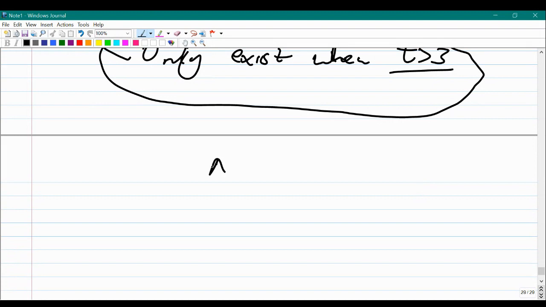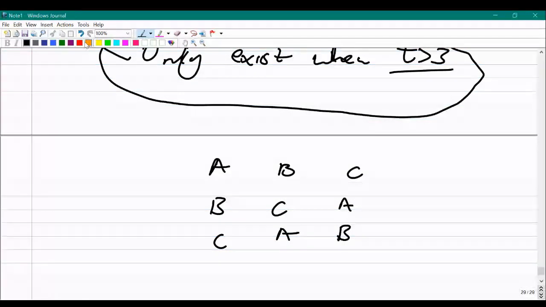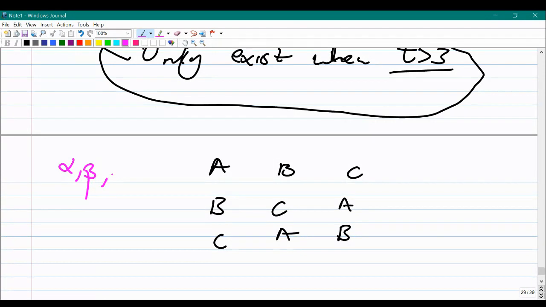Like what happened yesterday. Suppose your Greek letters are alpha, beta, and gamma. Assign them here.